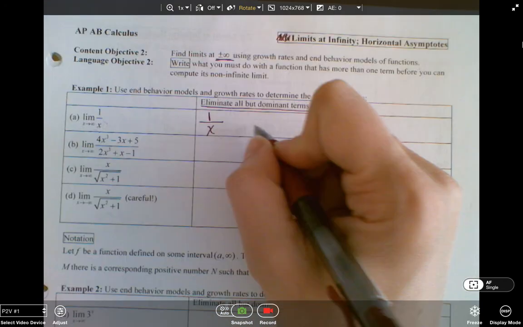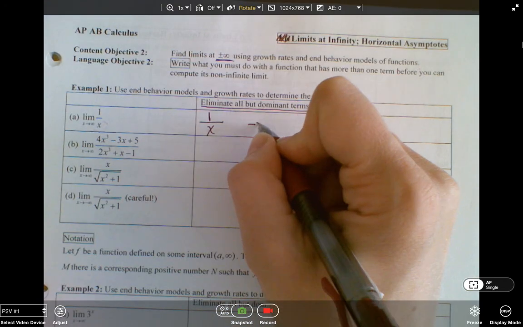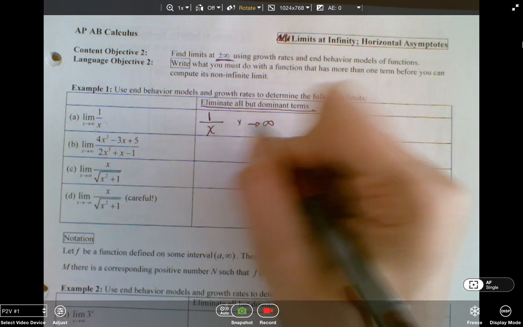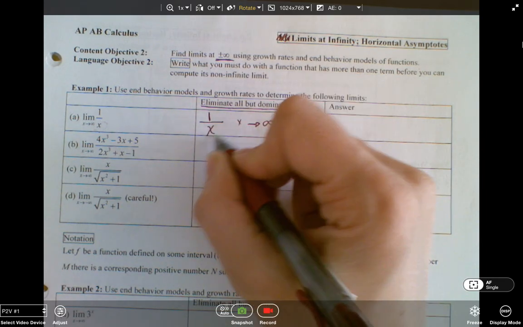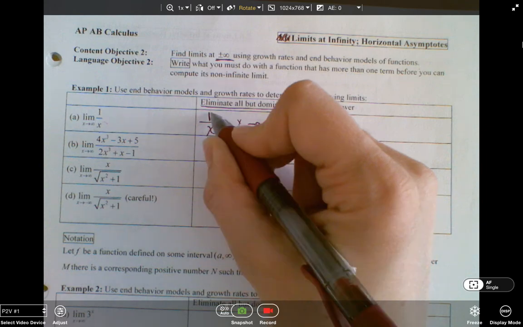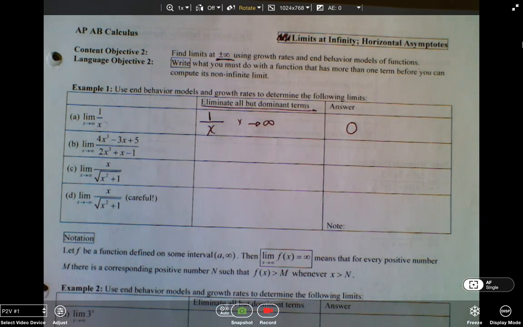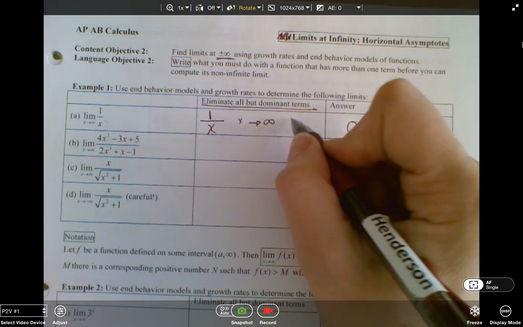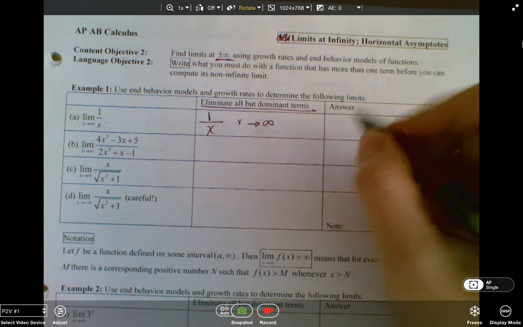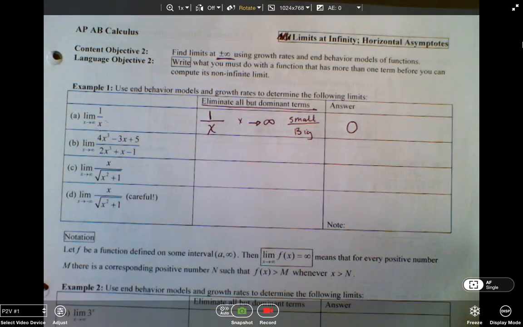So as x goes to positive infinity, this guy is going to outpace 1 so much that there's something small being divided by something big, which means we're going to 0. Small over big means 0.